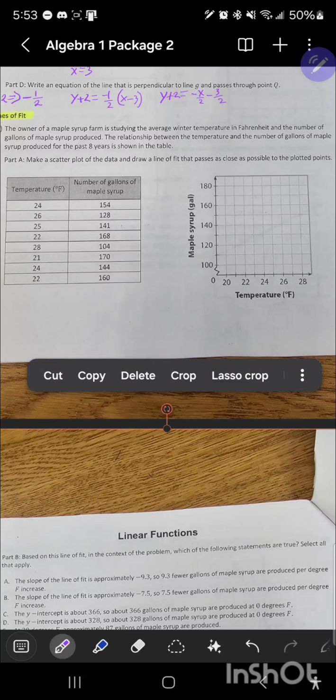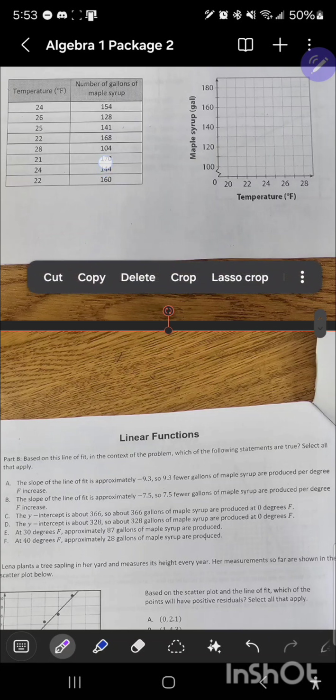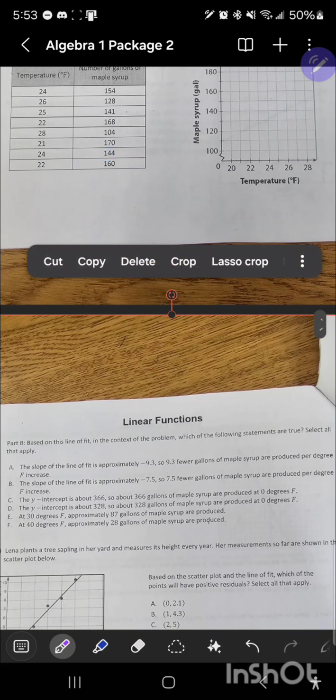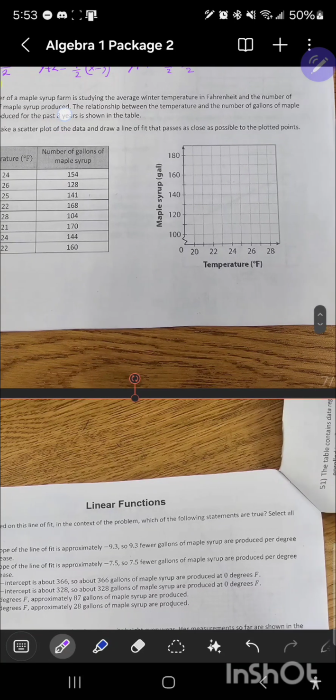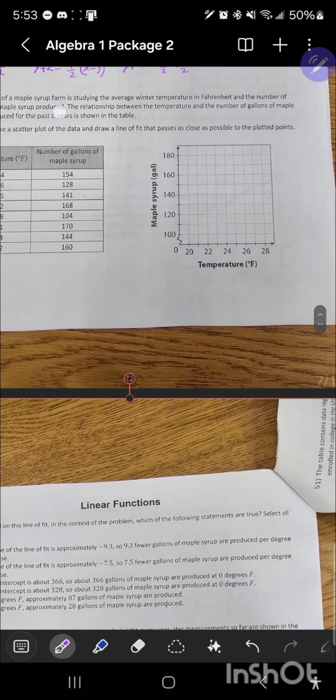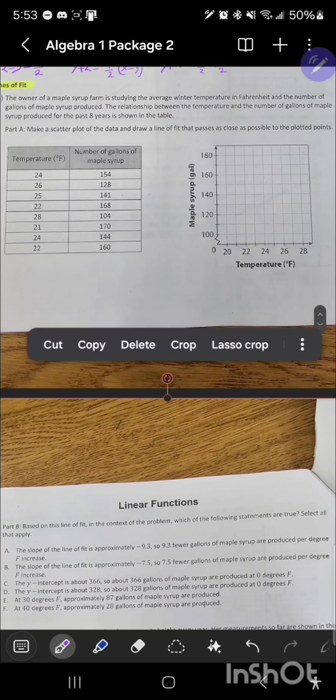The relationship between the temperature and the number of gallons of maple syrup produced for the past 8 years is shown in the table. So part A: make a scatter plot of the data and draw a line of fit that passes as close as possible to the plotted points.